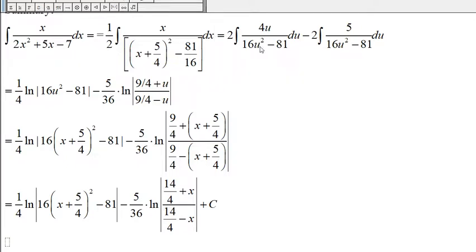And then we did u substitution, and we got these integrals. And then we found this integral is this, and then this integral is this. And then u is x plus 5/4. So in the place of u, we have x plus 5/4 and x plus 5/4. And so this is the final answer right here.